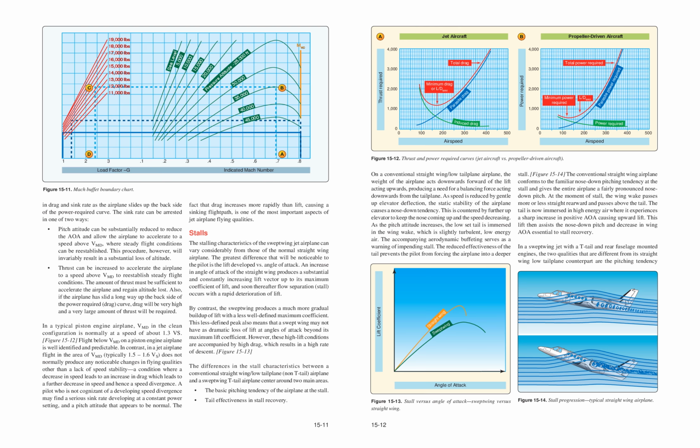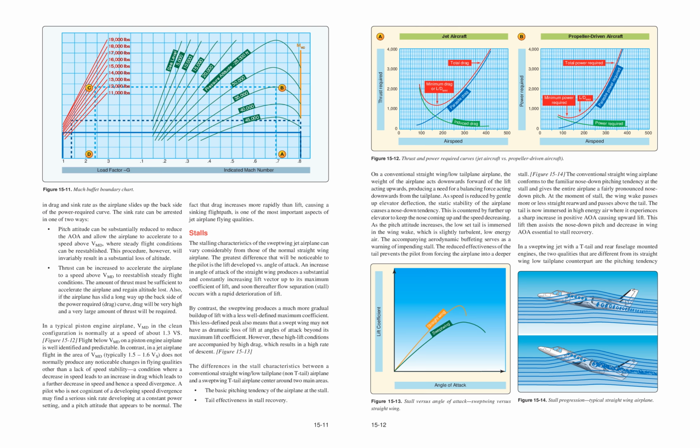Propeller-driven aircraft. Total power required. Minimum power required. L/Dmax. Parasite power required. Airspeed. Figure 15-12. Thrust and power required curves, jet aircraft versus propeller-driven aircraft.